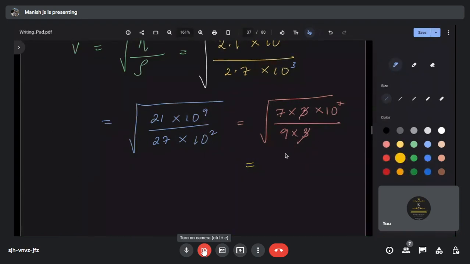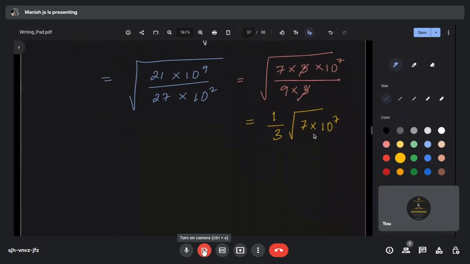Then, 10 power 7, you try to remove it out of the root. 9 can be removed. 9 is 3 square, so it comes out of the root. So 9 comes out as 1 by 3 under root 7 into 10 to the power of 7. Here you can express 10 power 7 in terms of square values.